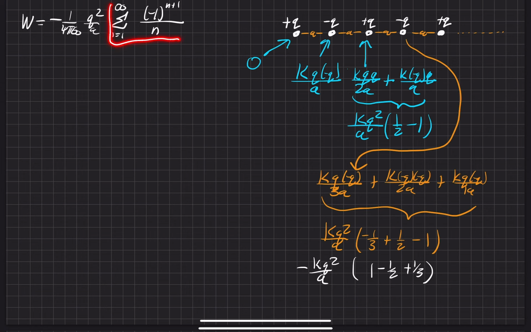And this summation is actually a very famous summation that I forgot until I had to Google it and put it into Wolfram Alpha. That is equal to the natural log of 2, right?